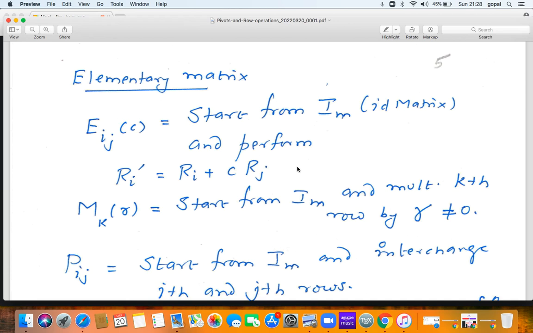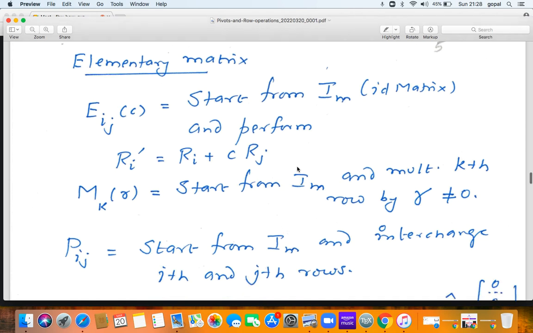So, what's an elementary matrix? Let us consider the operation of multiplying the kth row by gamma, gamma non-zero.